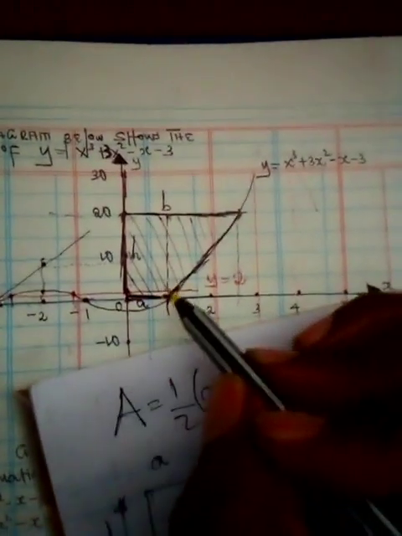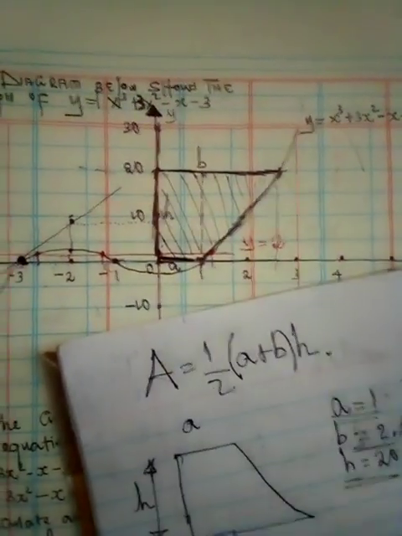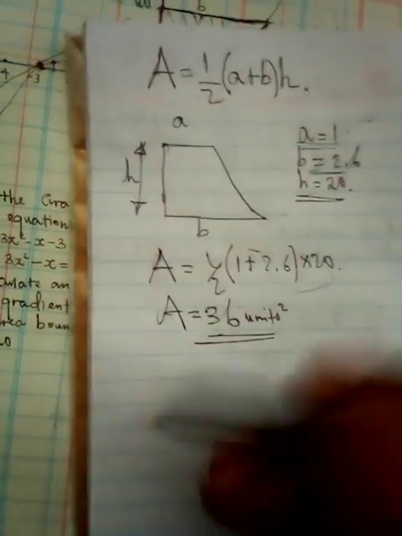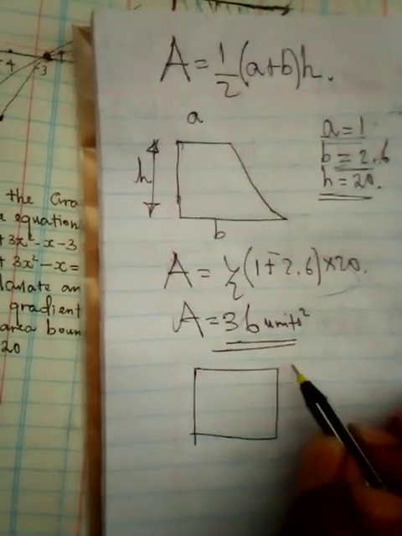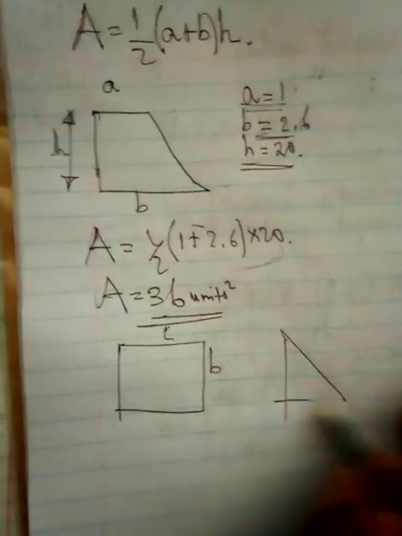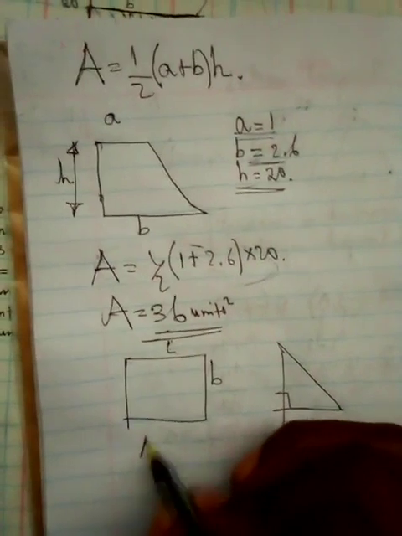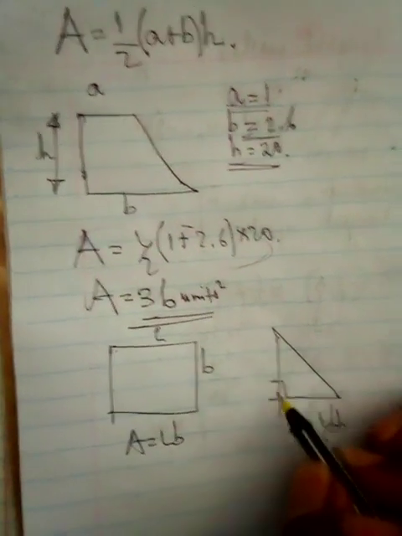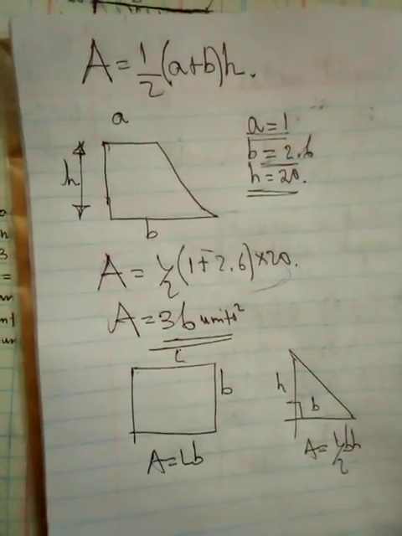In case you forget the area formula of a trapezium, at least try and remember that the area formula for a rectangle is just L times B, and that of a triangle is half base times height.